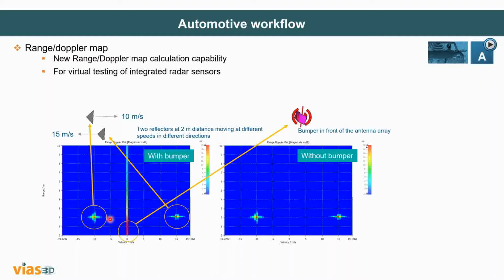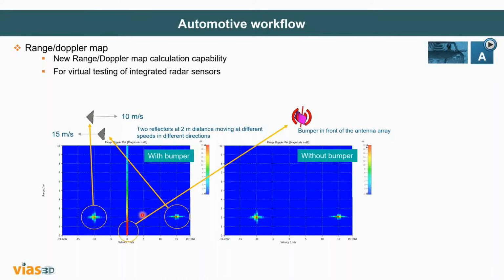Here you see a test scenario with two targets 2 meters away from the radar sensor, moving in different directions. One is moving in this direction, another is moving in this direction with different velocity. On the x-axis of the plot, you see the velocity of the object, and on the y-axis we see the distance or the range of the sensor.